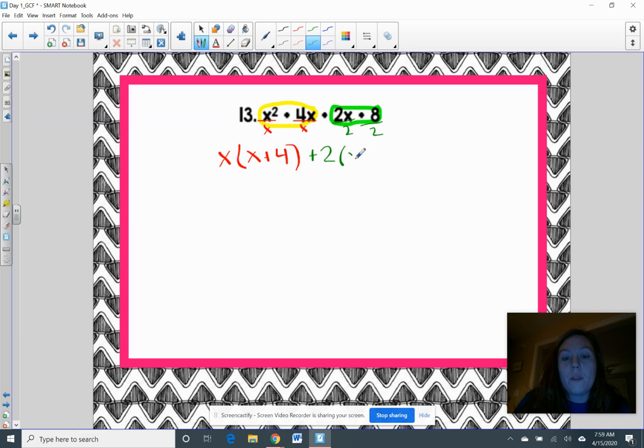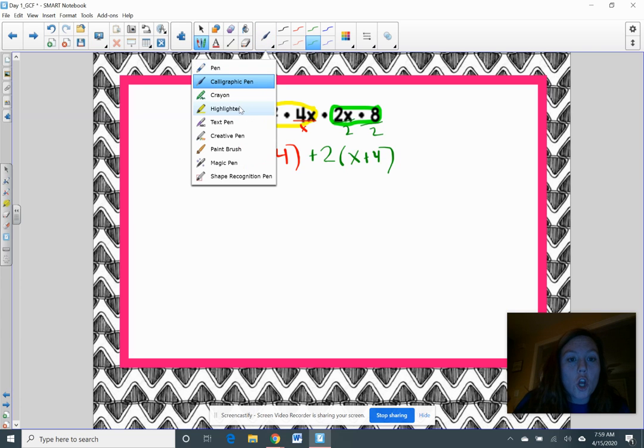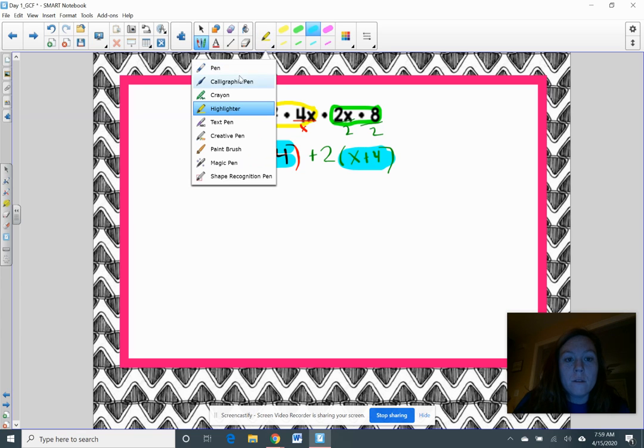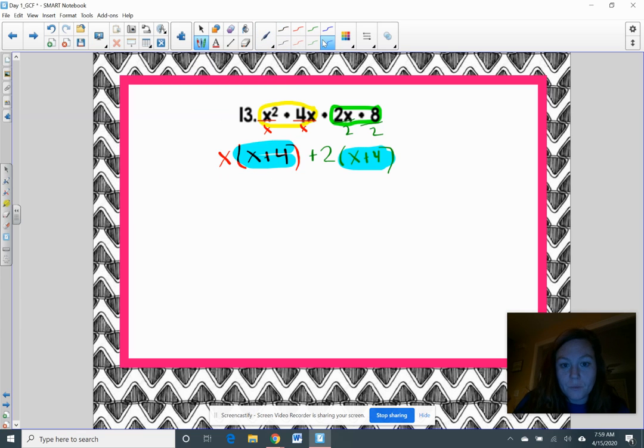And I'm left with x plus 4. Now, if you did this correctly, you should always have the same terms in the parentheses. Y'all see that? See how they're the same?